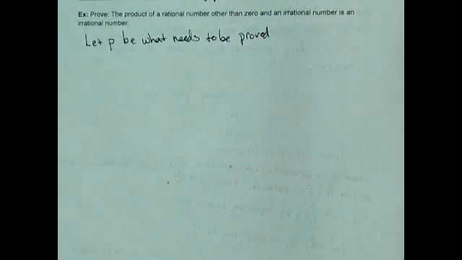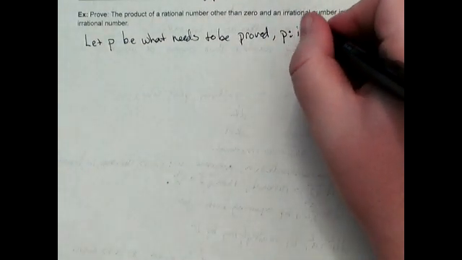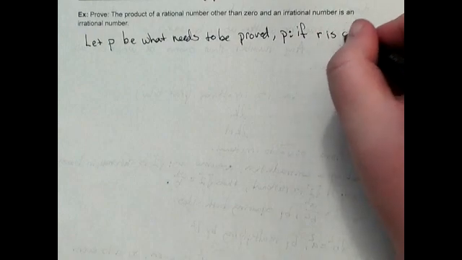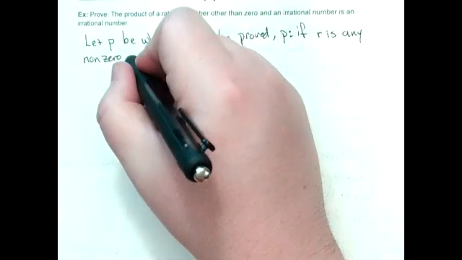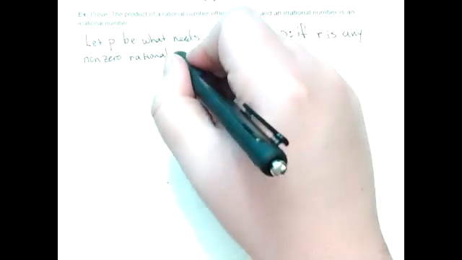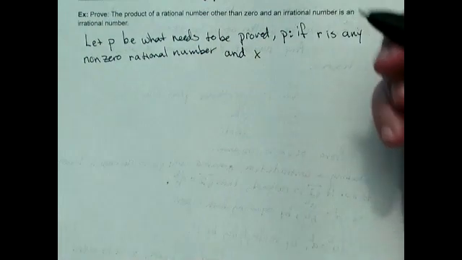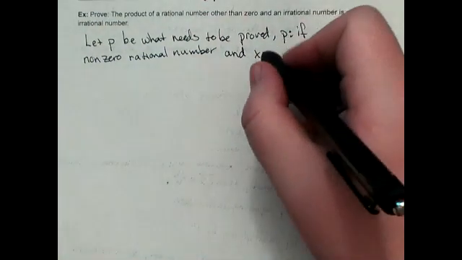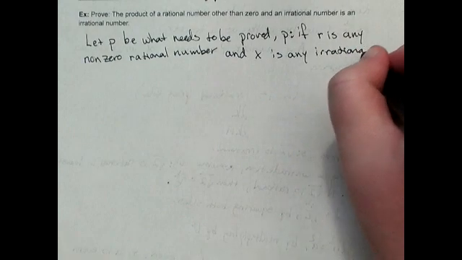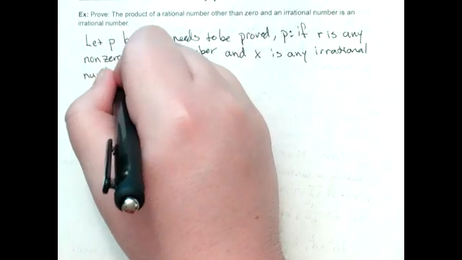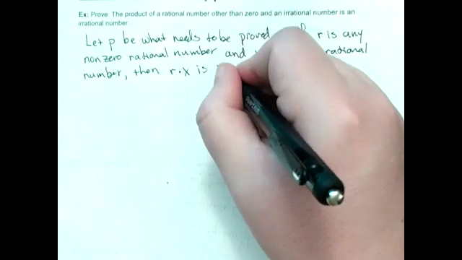I'm just taking a variable, assigning it as P. So P is going to be the statement: if R is any non-zero rational number and X, and you could use any variables you want for this, I'm just using P, R, and X, X is any irrational number, then R times X is irrational.